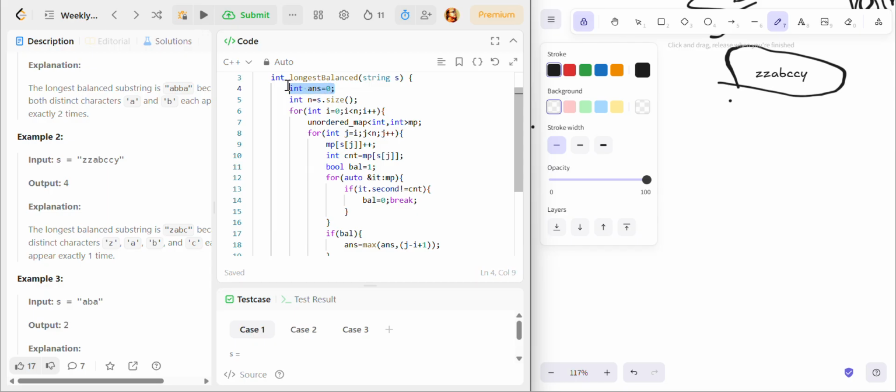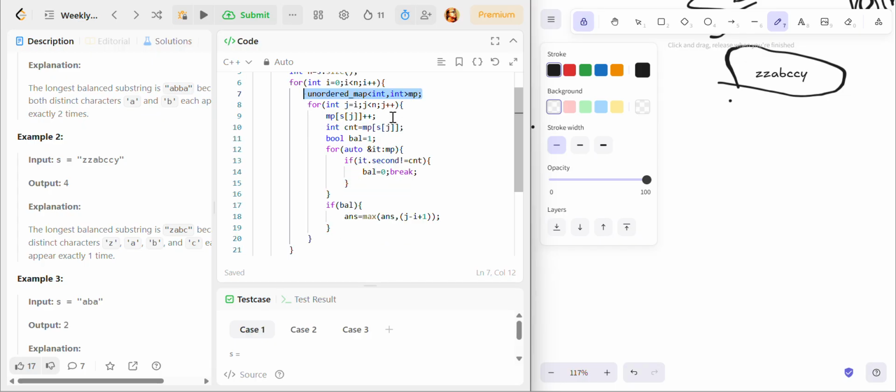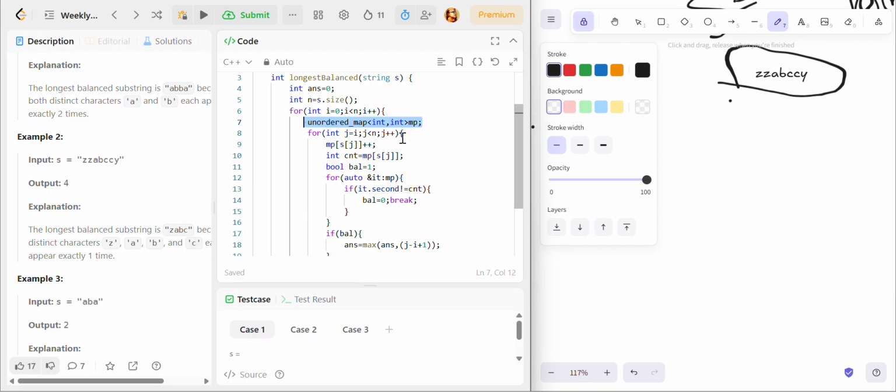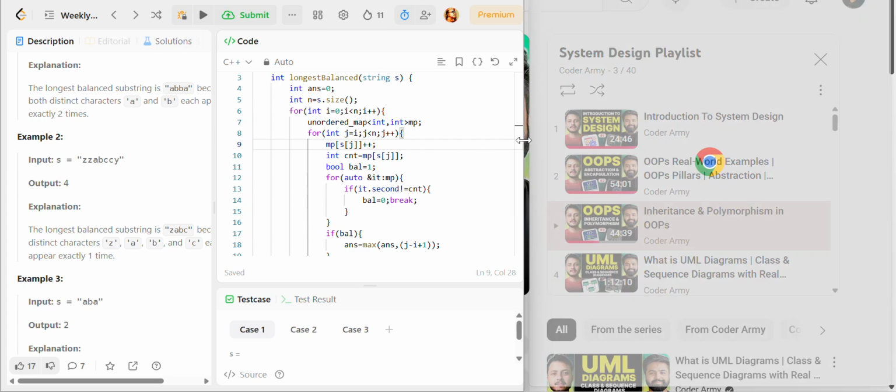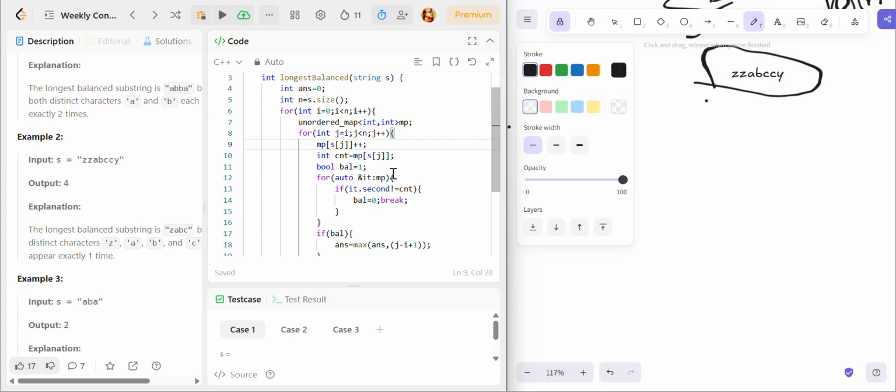First of all, I have made the answer as 0. Then I have iterated through the string and created a map. This map will store my frequency of the characters. You can see I have used 2 loops because n square is acceptable, and then I have checked all the substrings, right?